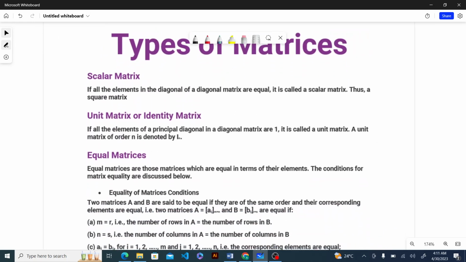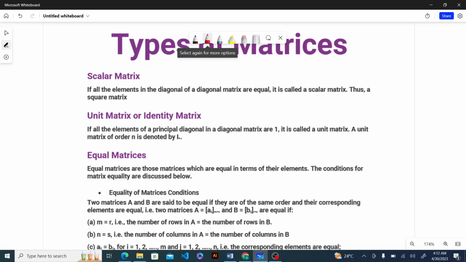First one is scalar matrix. Its definition: if all the elements in the diagonal of a diagonal matrix are equal, it is called a scalar matrix. Thus, a square matrix. Let me give you an example. As we know, what are the diagonal matrices?